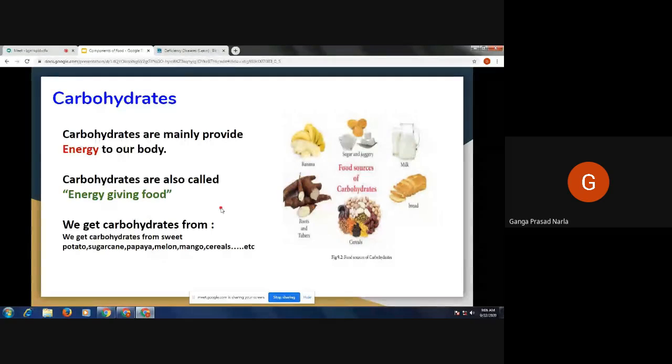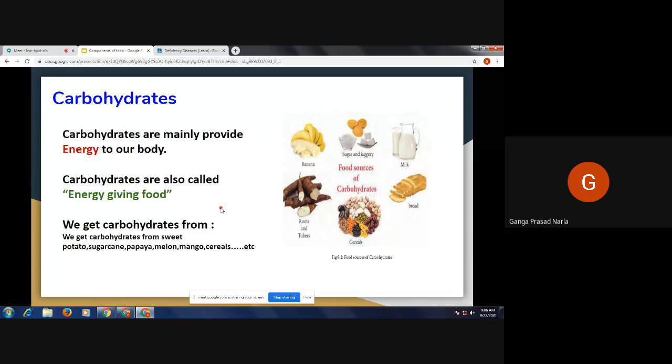Cereals means like wheat, rice, maize. These are all cereals.